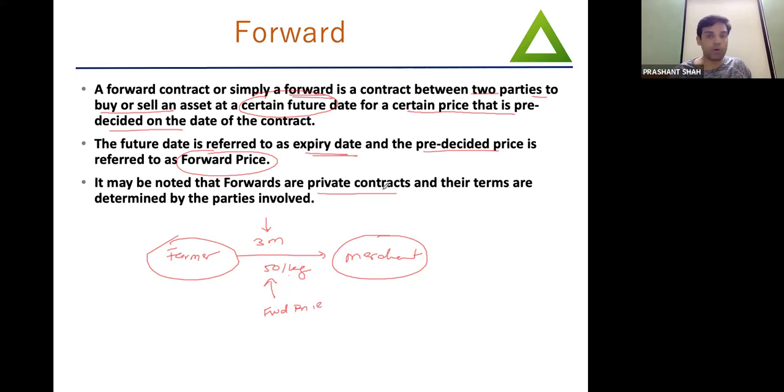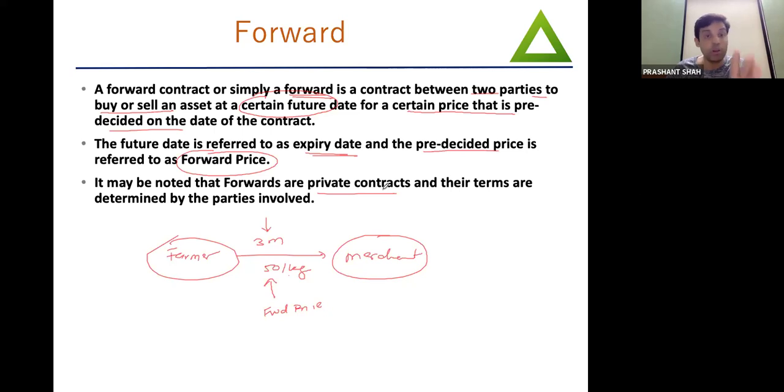These are private contracts. It is between me and you, as simple as that. And their terms can be customized. Now, this is the biggest advantage of the forwards. We can say they are customizable, they are not standardized. It is not to be understood that because they are not standardized, they are more risky or less valuable.